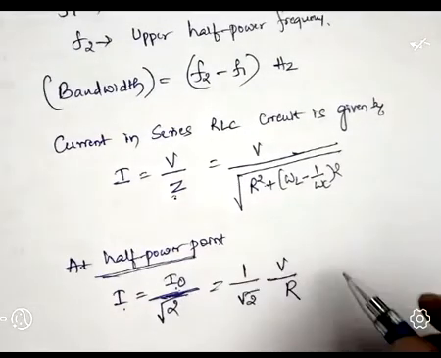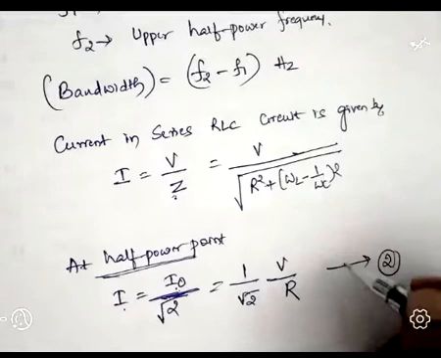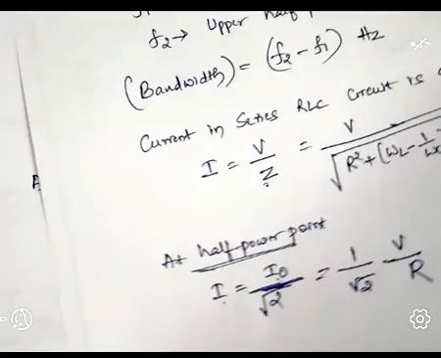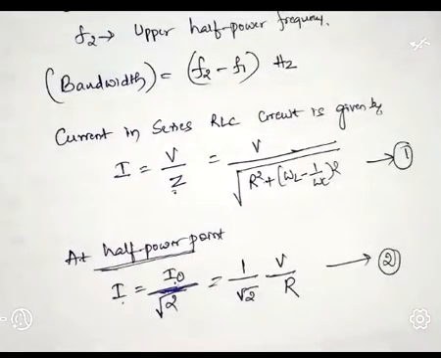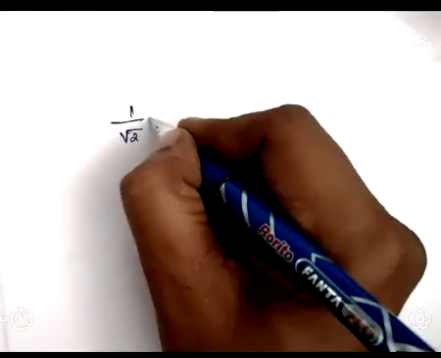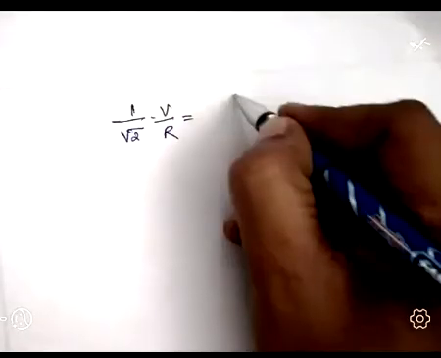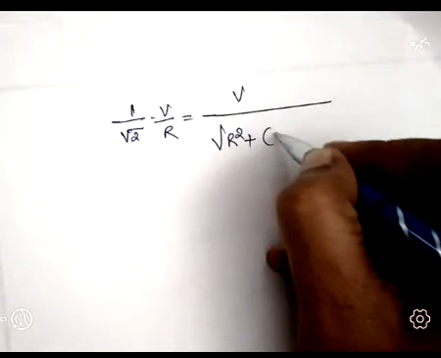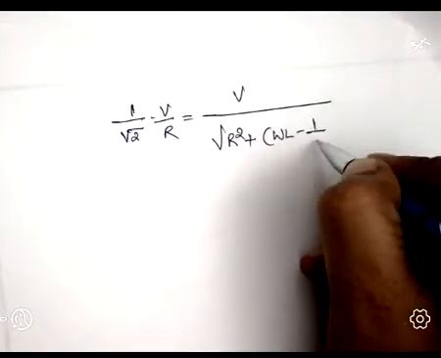So let us compare equation 1 and 2. What we are getting? 1 by square root of 2 into V by R is equal to V divided by square root of R square plus omega L minus 1 by omega C whole square.